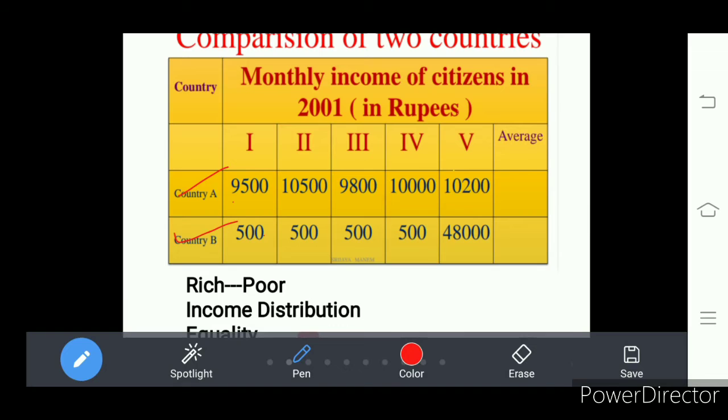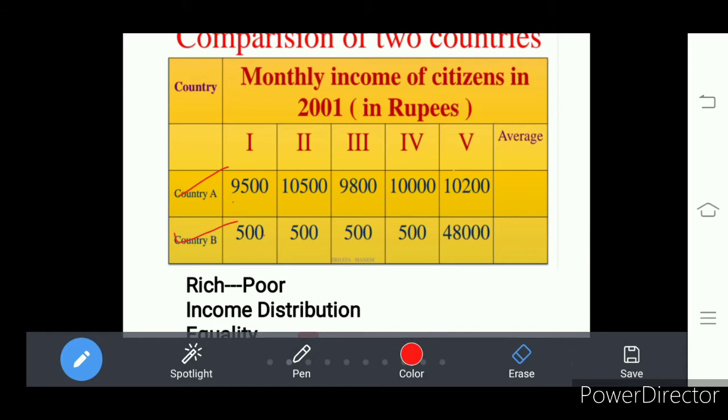And what is the population of country A here? There are 5 citizens in country A, and in country B also we find 5 citizens. So what is the total population of country A? It is 5. Similar to that, country B also has 5.